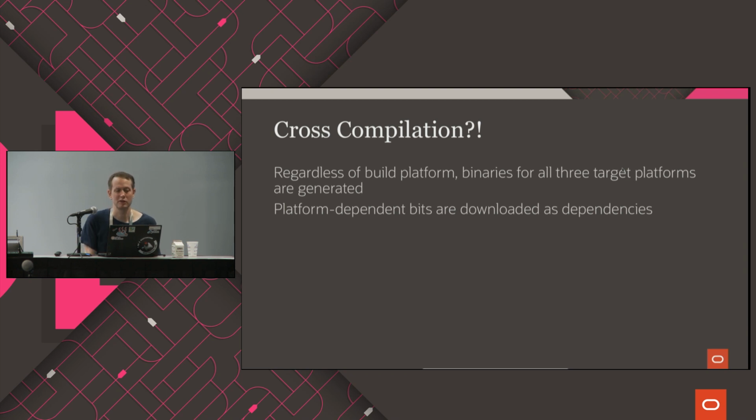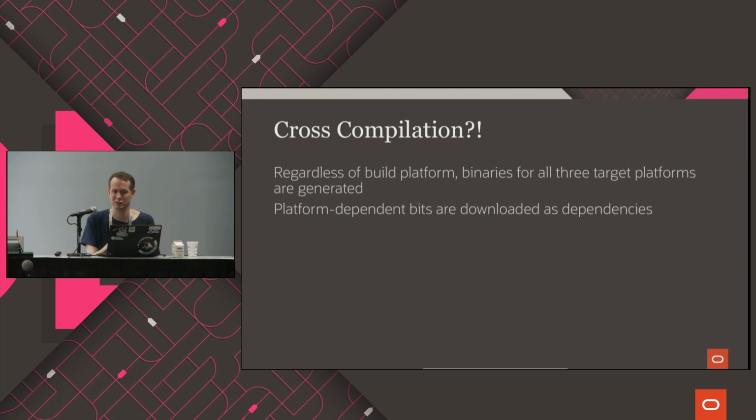So at the end of this process we'll actually end up with bundles for all 3 of the major target platforms, which is Mac OS, Windows, and Linux. And so basically, you can call it cross-compilation. The idea is that all the platform-specific bits are pulled from the net. And so Mission Control itself is really kind of like a pure Java thing.